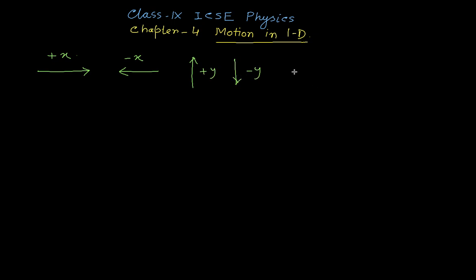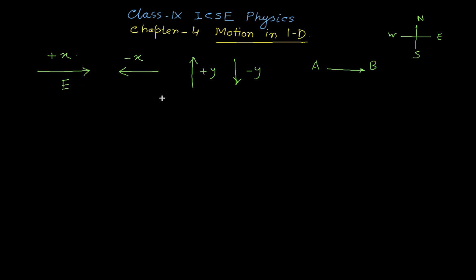That means if we go from point A to B, toward east, west, north, or south, so if we go in the direction of east, you can consider that it is a motion in one dimension.